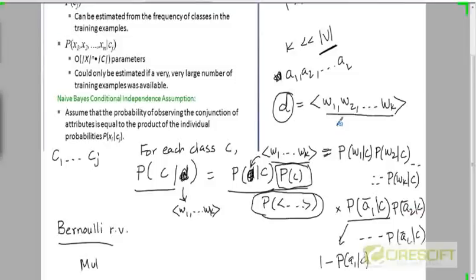So the words other than W1 to WK in your vocabulary are denoted as A1 to AL. And we are saying that the probability of seeing exactly this set of words is the probability that each word in this set is present and the probability that each word that's not in this set is absent. So there are a bunch of Bernoulli random variables over here. So that is why this is called a multivariable or sometimes a multivariate Bernoulli model.